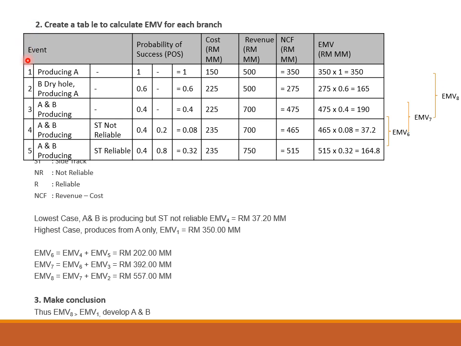First of all, you have a first row, which is the row of events, because you have many possibilities. So for the events, you have event 1, 2, 3, 4, 5, based on the 5 EMVs.